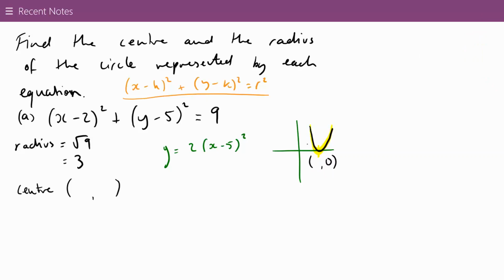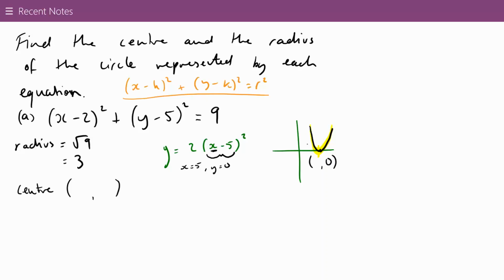When it hits the x-axis right there, the y-coordinate point is 0. So what value of x will make all of this 0? Because 0 squared is 0, and 0 times 2 is still 0. We know that when x equals 5, 5 minus 5 is 0.